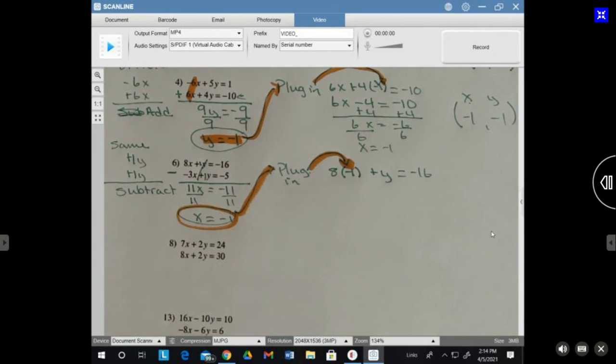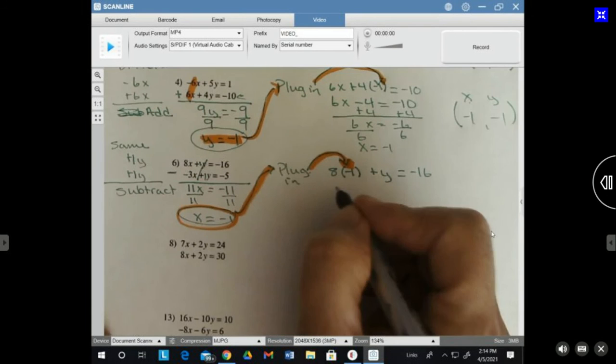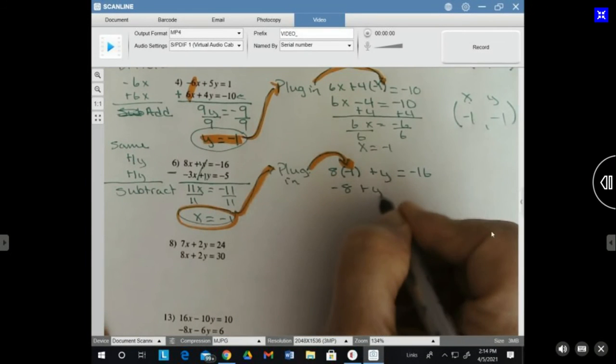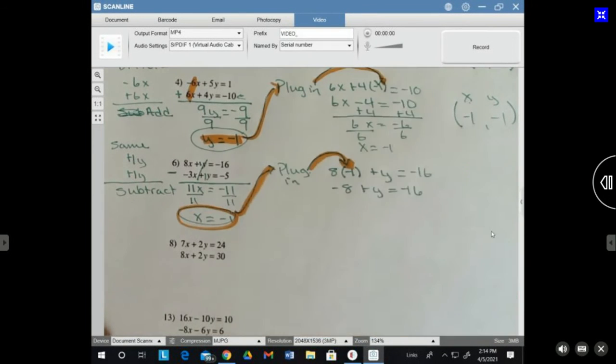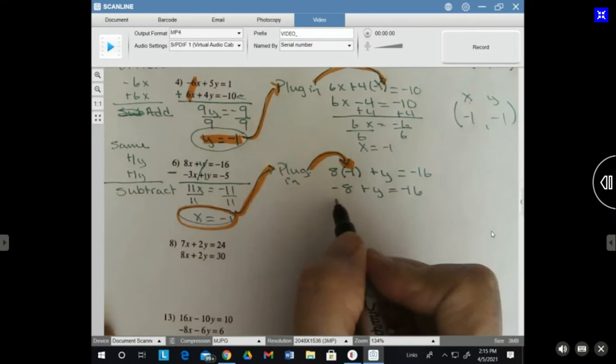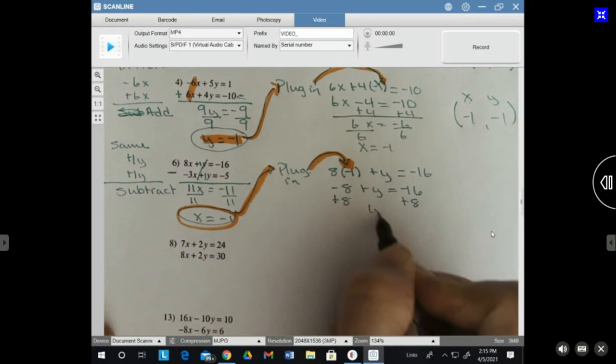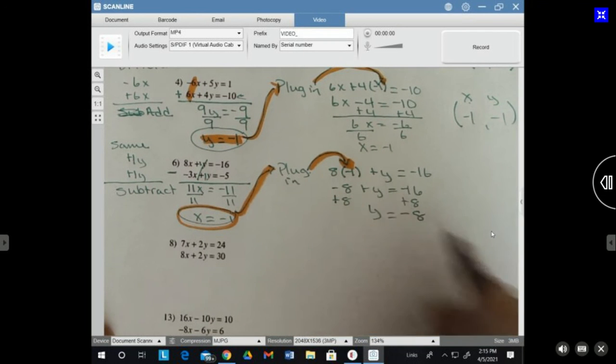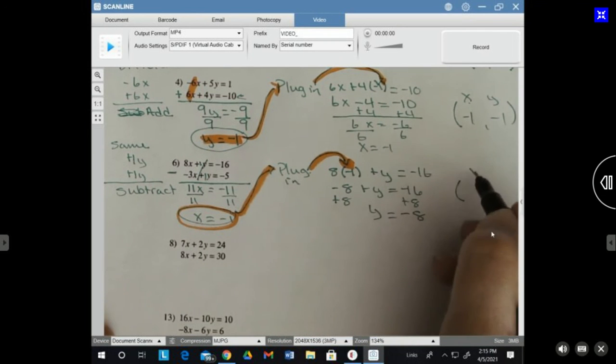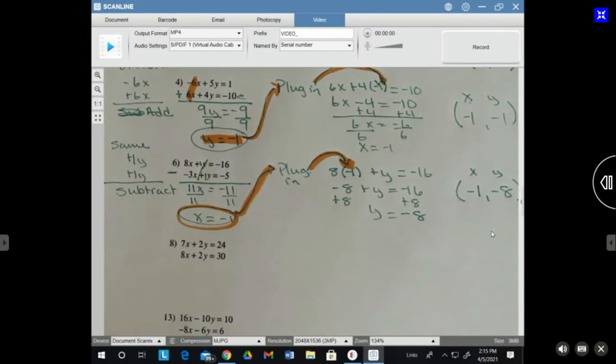What's 8 times negative 1? Good. Plus y equals negative 16. What should I do? So y is equal to a negative 8. X is first, y is second. Negative 1, negative 8.